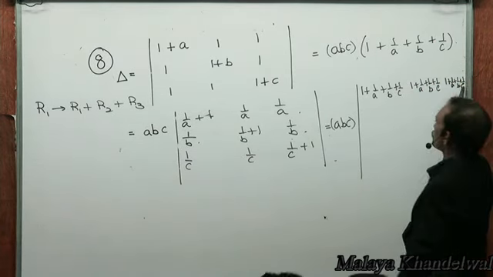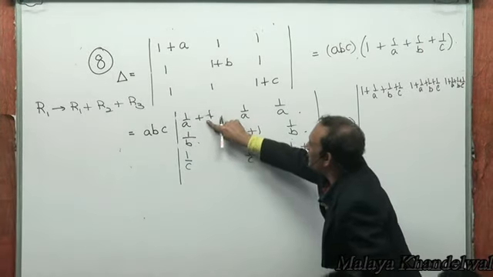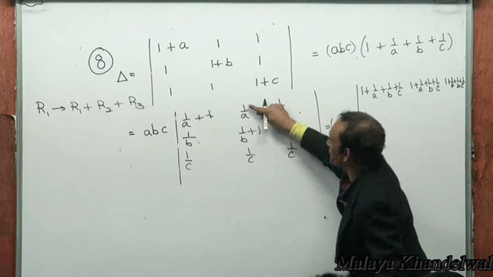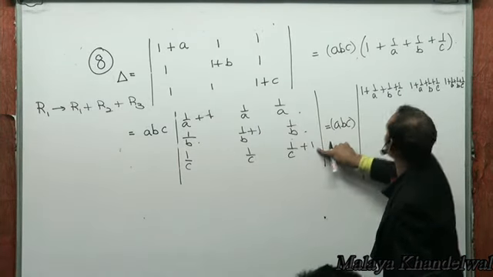Sorry to get a little microscopic there for want of space. So 1 by A plus 1 by B plus 1 by C plus 1, 1 by A plus 1 by B plus 1 by C plus 1, 1 by A plus 1 by B plus 1 by C plus 1.